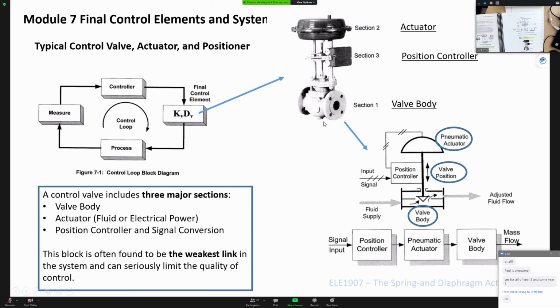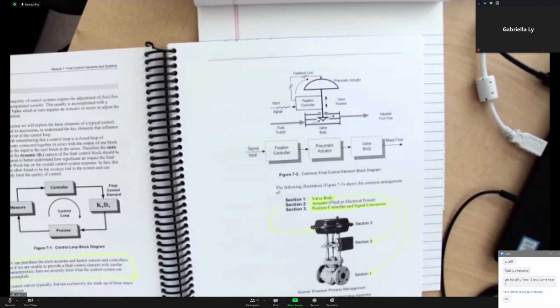To choose the right valve involves a lot of experience, and we as electricians usually don't have that ability. But don't worry, we're not going to test you on that. It takes many years of experience working in the field to get that. Okay, I'm going to show you something first.